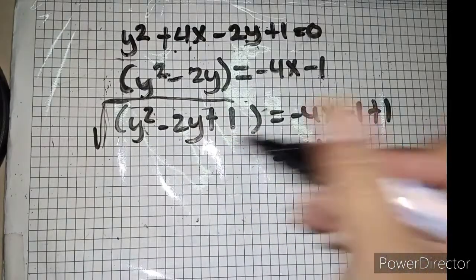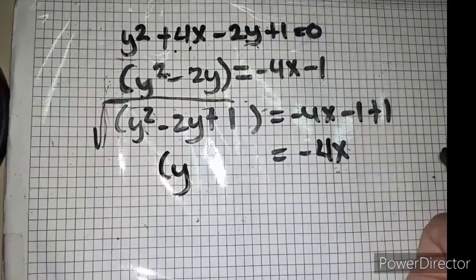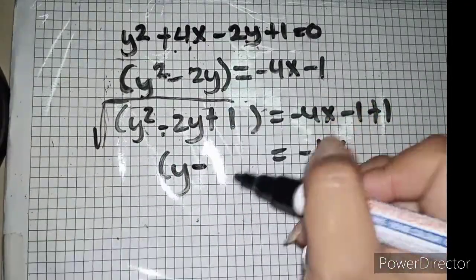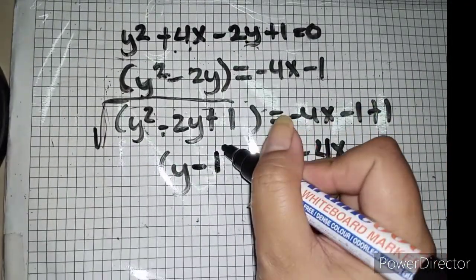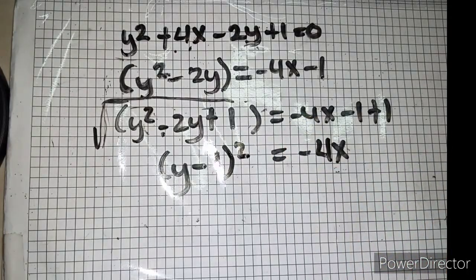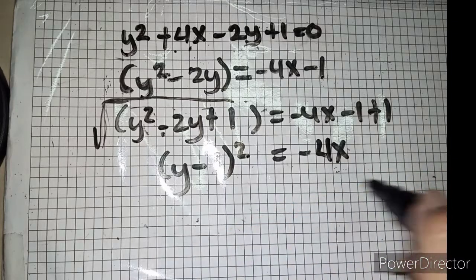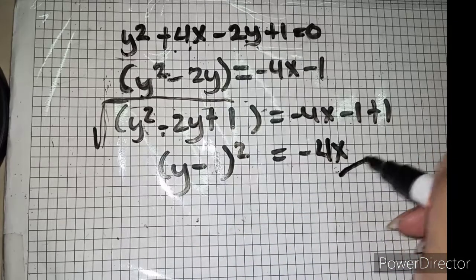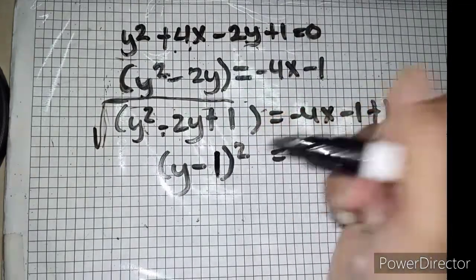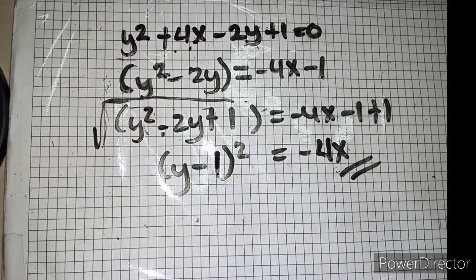So, square root of y squared is y. Copy the sign of the middle term, which is negative. Square root of the last term, which is 1. Then, close parenthesis, squared. Okay? So, for this one, meron na tayong, eto na yung ating standard form. Okay? Eto na yung standard form ng equation natin.